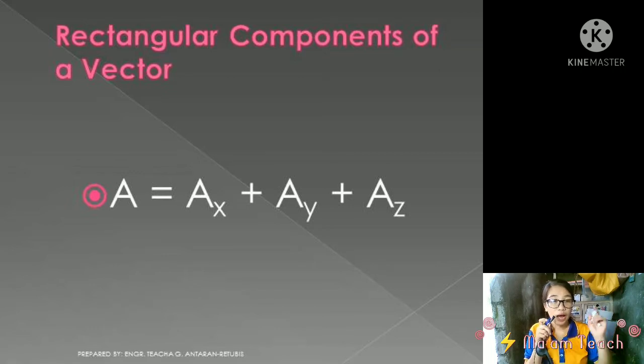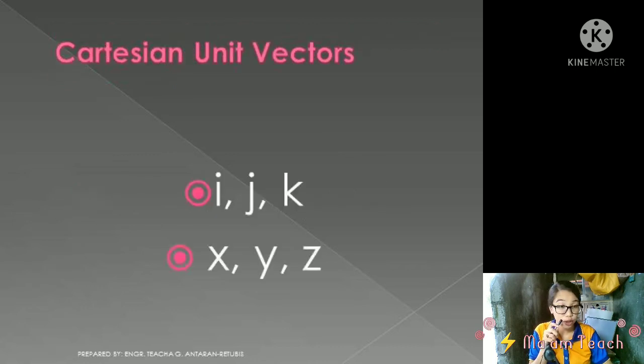Now, how are we going to place its direction? As we know, this vector A is a vector, so it needs to have a direction. So how are we going to express it with direction? Again, this expression is just magnitudes. In Cartesian notation, we have what we call Cartesian unit vectors, where we use i, j, and k as our directions.